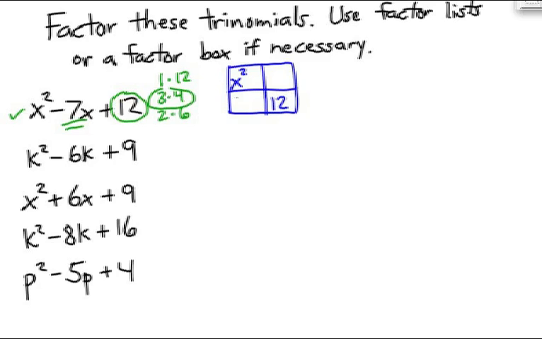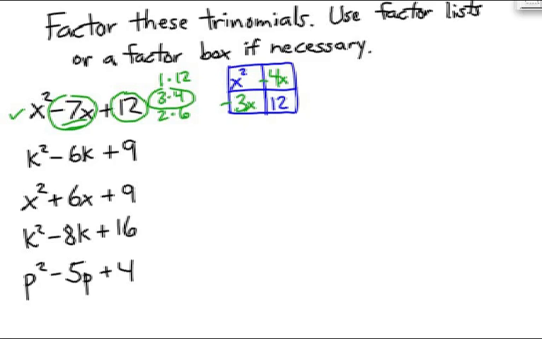So I've already chosen the 3 and the 4. Obviously, I would have to have an x attached to each of those. And if I make both of those negative, then of course that would give me my middle term of negative 7x. So a factor box actually accomplishes the same thing as a factor list, just in a more organized way, so you can see where the middle term comes from.